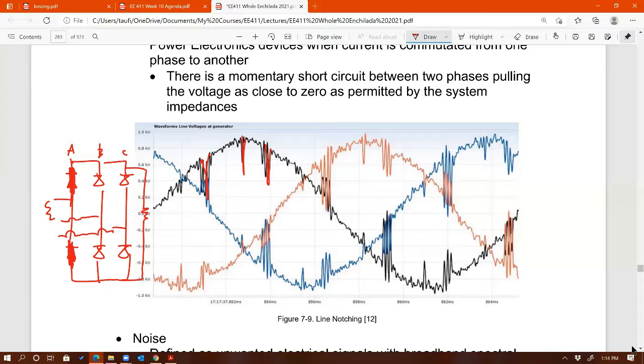If you focus on the black waveform right there, you can see 1, 2, 3, 4. Doesn't make sense. I have more than 6.